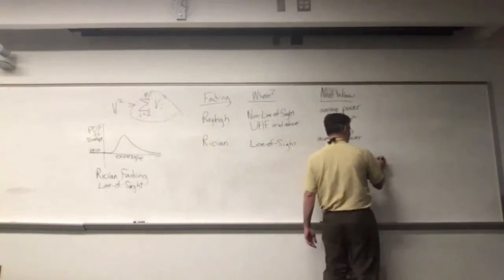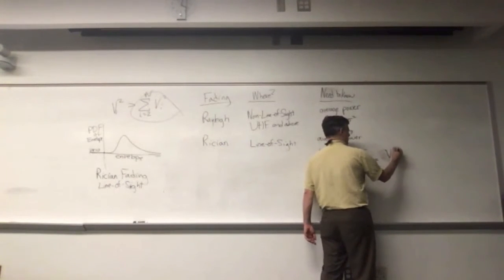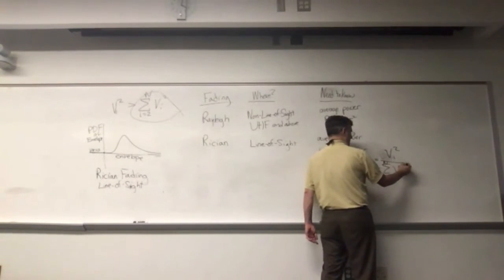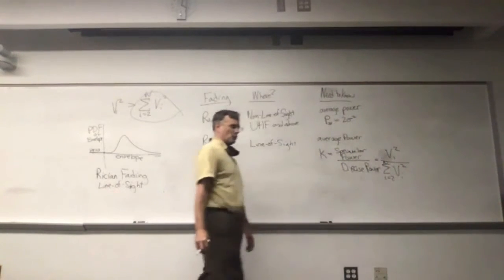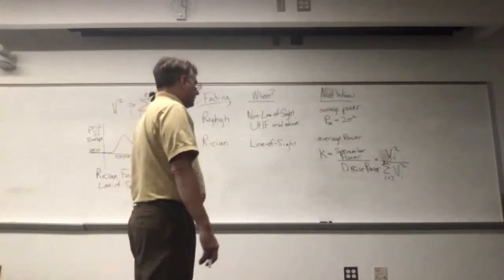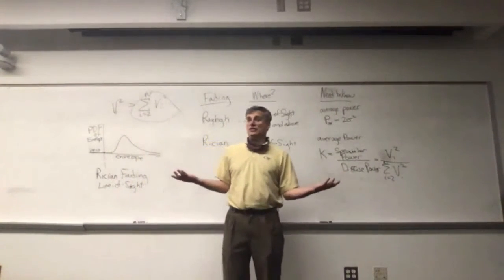And so you can even write that in terms of the voltages. V1 squared, if V1 squared is your dominant component, that's going to be the sum of i equals 2 to n over the remaining squared components, because voltage squared is always proportional to power. So K can be any value that you want, right?